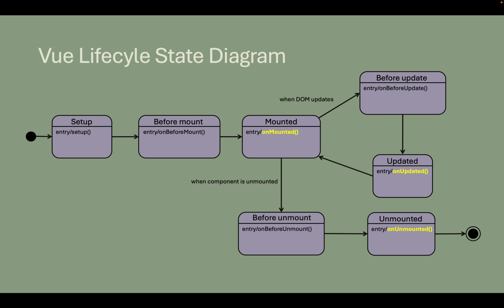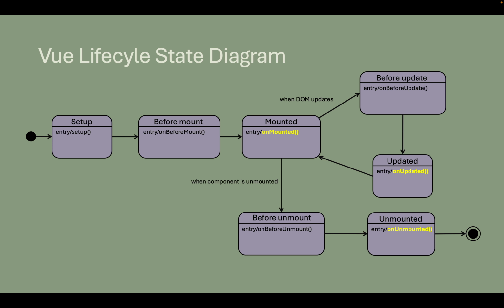So the component will first transition to the before update state to prepare for updating the DOM and re-render the component. The onBeforeUpdate hook is then called. After that, Vue will update the DOM tree so we can see the new content in the HTML. Then Vue will transition to the updated state, where the onUpdated hook is called. Finally, it transitions back to the mounted state and waits for the next event.